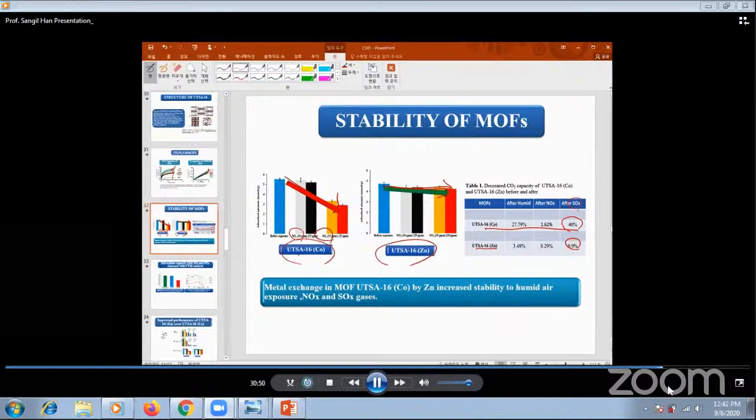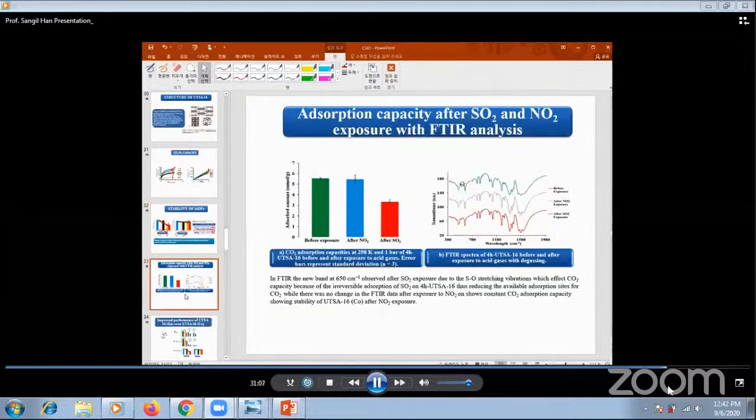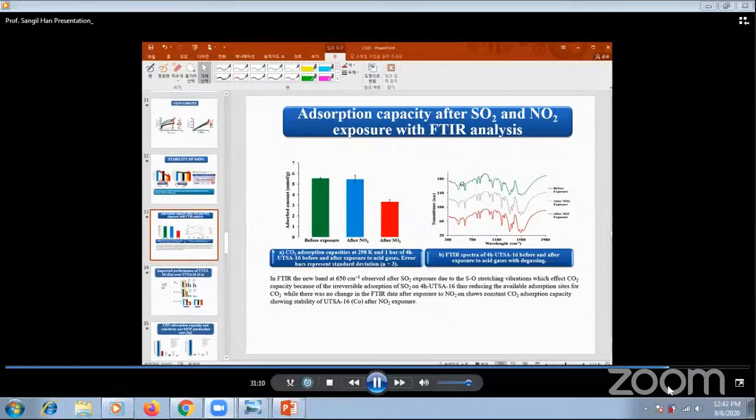So our newly developed UTH-16 zinc material shows very high CO2 adsorption capacity, as well as improved stability to humid air and acid gases. That's very important.